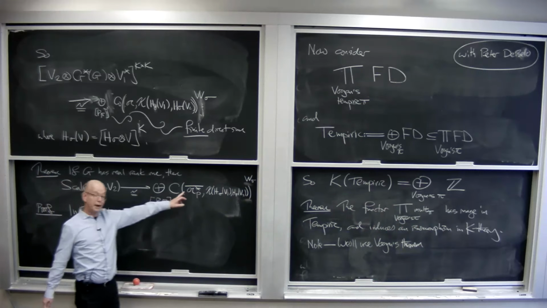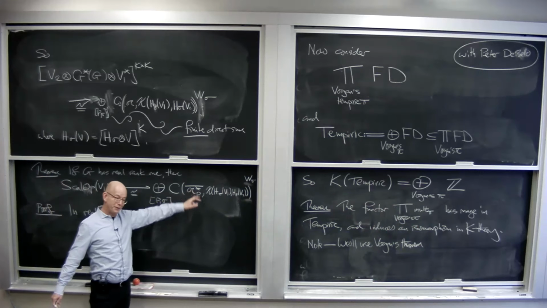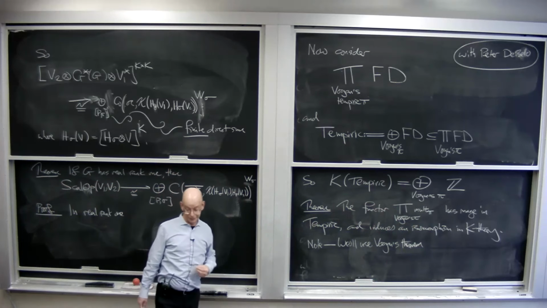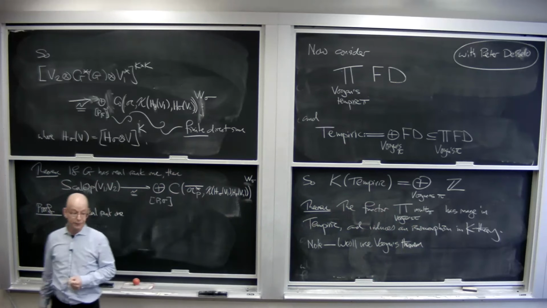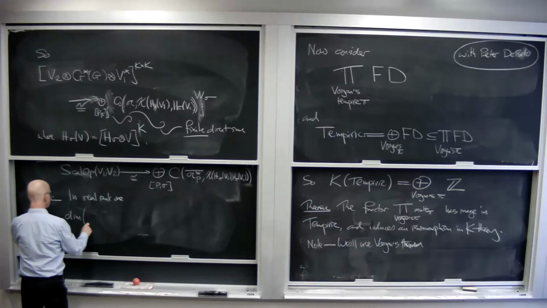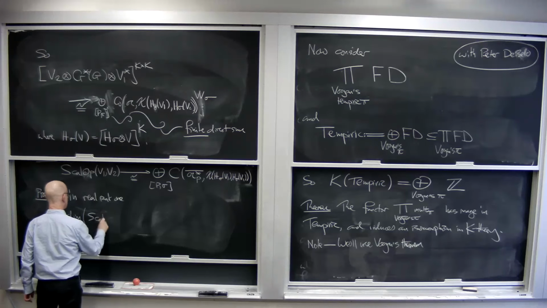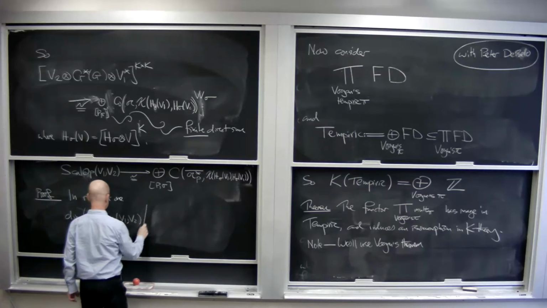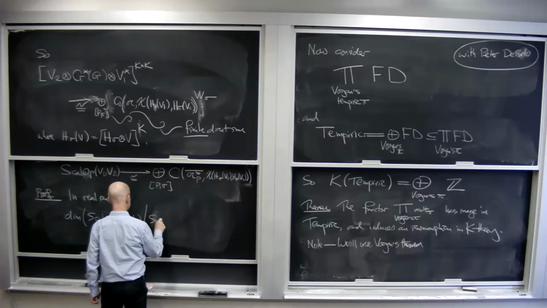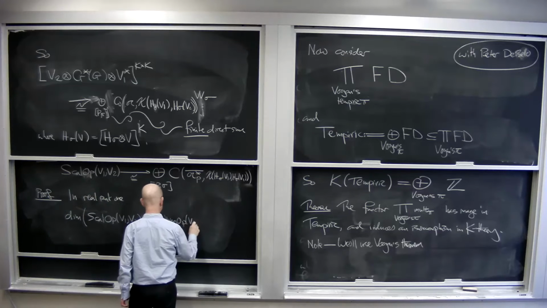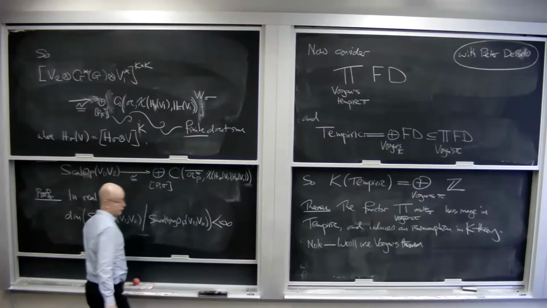That only works for lines. It doesn't work so well in a situation where the boundary is a circle, because then you won't have this finite dimensional situation. So in real rank 1, the dimension of Scallop is finite.